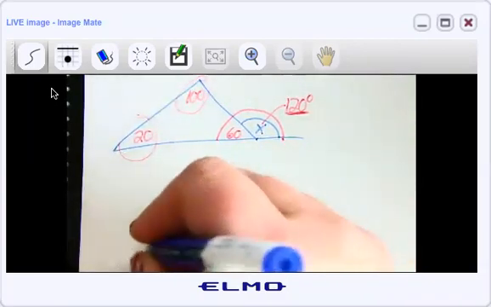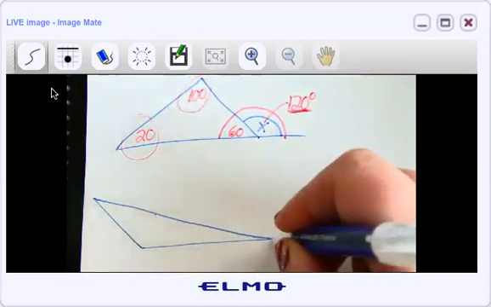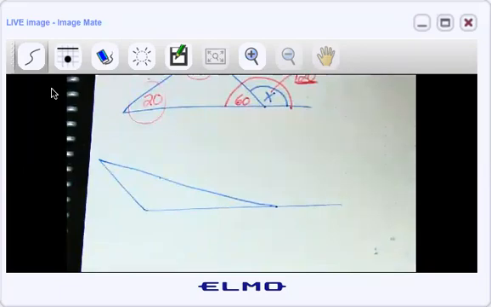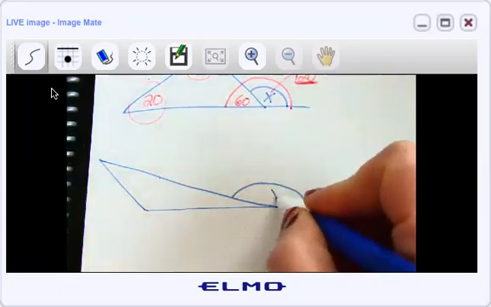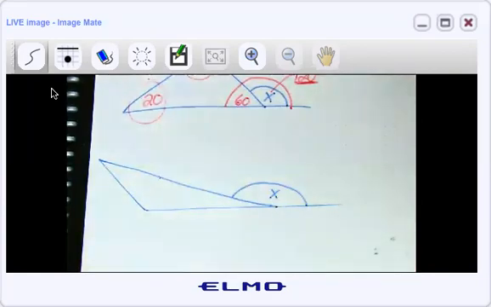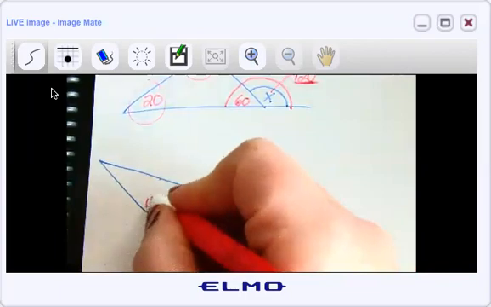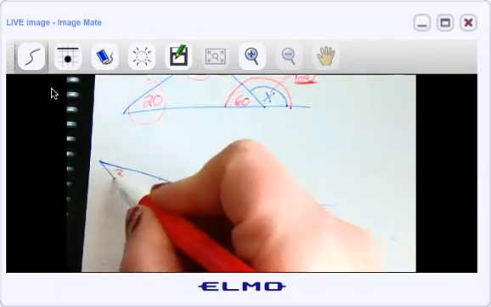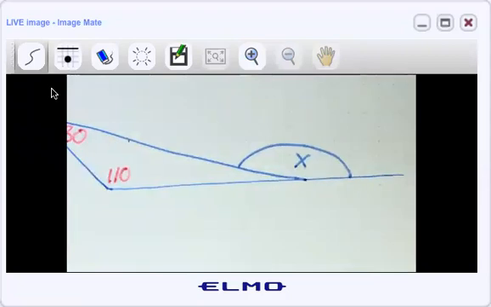What if I did some sort of super weird triangle like this? Same thing. I have a triangle with one side extended. I still want to figure out what this missing angle is out here. Let me give you the angles on the inside. Let's say this time this one's 110 and let's make this one 30. So go through the same steps again.